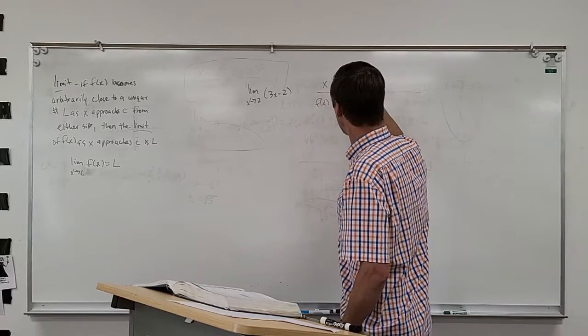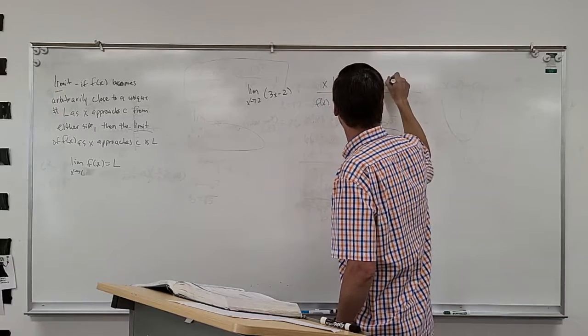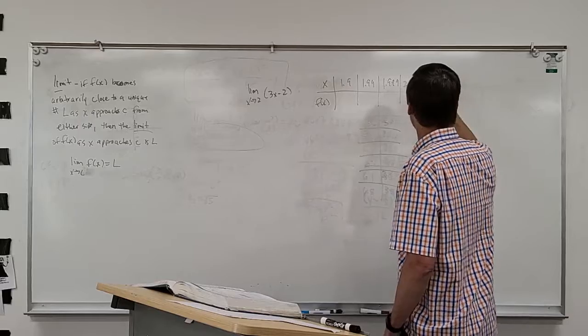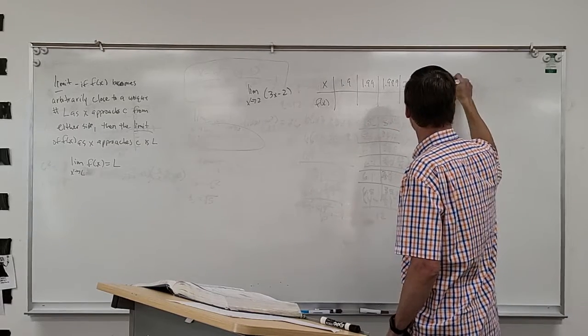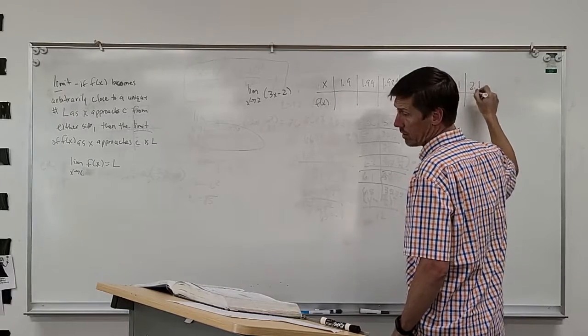So 1.9 for x, 1.99, 1.999. We're getting closer and closer to 2, and then we do 2, and then 2.001, 2.01, and 2.1.